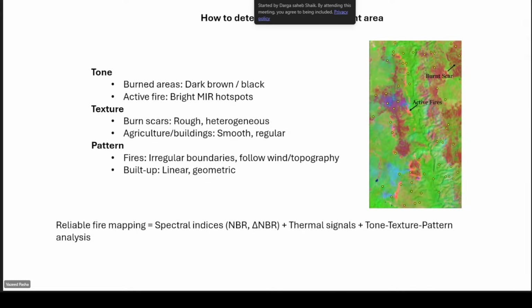The second is texture. The burnt area scars are rough and heterogeneous, because when a forest goes under forest fire, we don't have control over it. But when a plantation is burned, we can know the exact boundary, so how much area will burn. So that's why this is very heterogeneous.